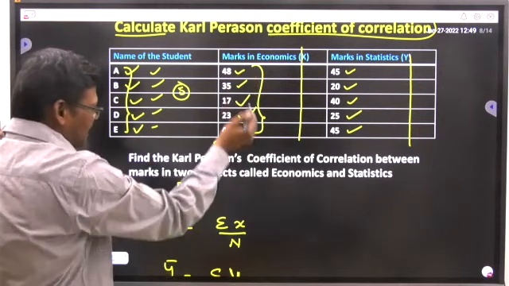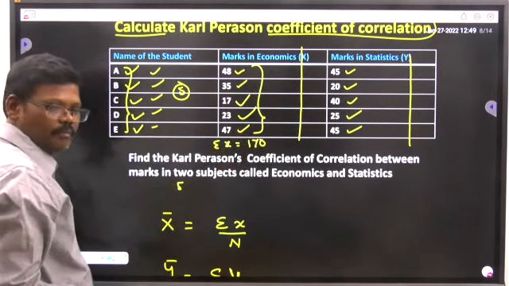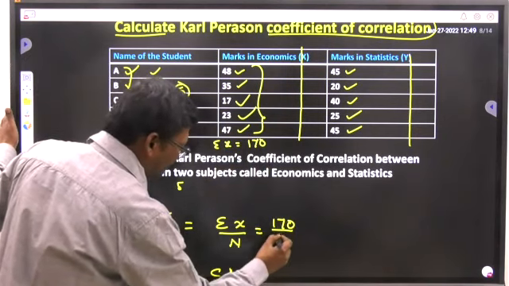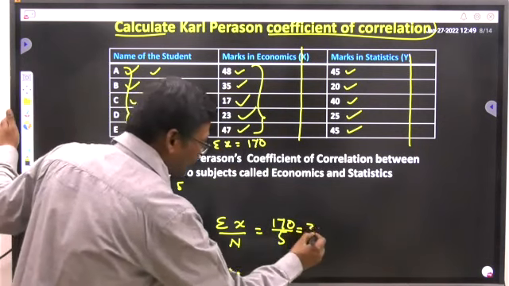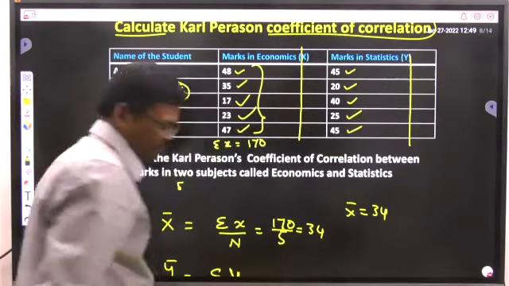The sum of these is 170. 170 divided by 5 is 34. So X bar is 34.